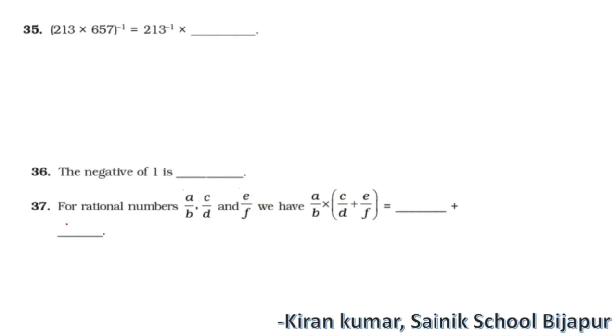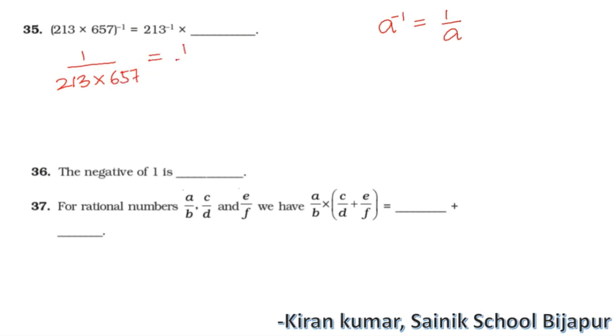Question 35. 213 into 657 to the power -1 is equal to 213 to the power -1 into. You must know that a number to the power -1 is 1 by a. This is a reciprocal of a. So 213 into 657 to the power -1, it will be 1 upon 213 into 657.